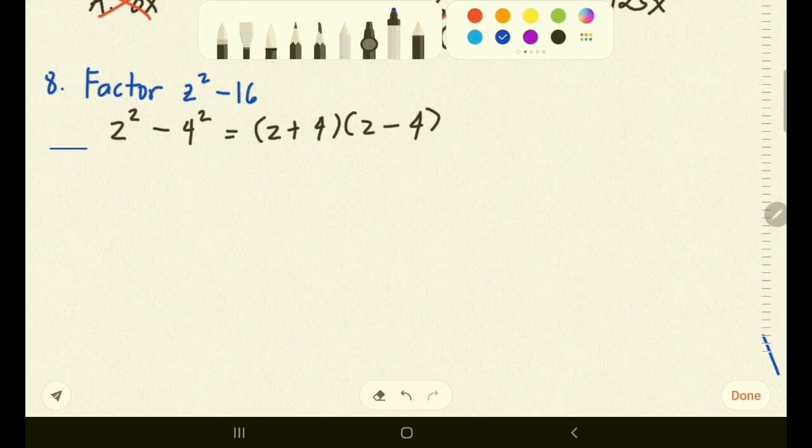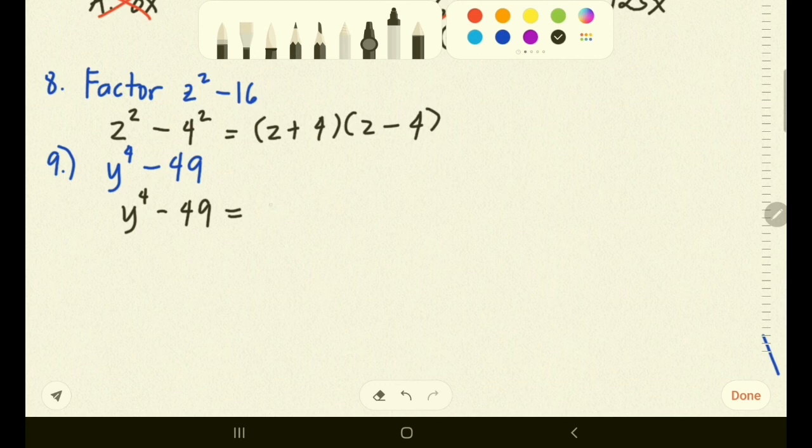Okay, number 9. You have here, factor also, y to the power of 4 minus 49. Okay, let's do that. Y to the power of 4 minus 49, of course, this is a difference of two squares since the two terms are perfect squares.